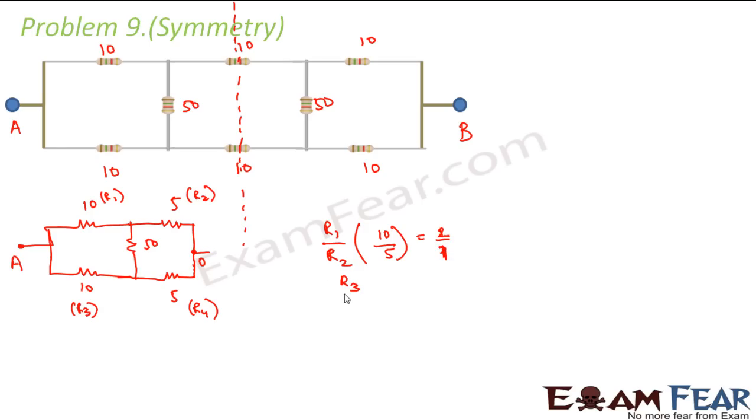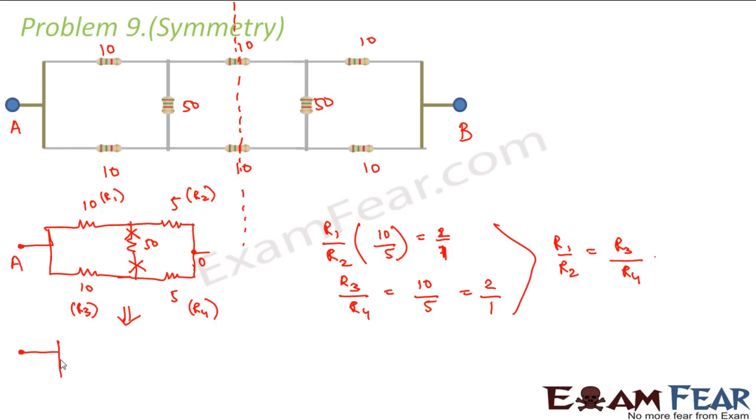R3 by R4 is again 10 by 5, which is equal to 2 by 1. That means R1 by R2 is equal to R3 by R4. So the Wheatstone bridge is balanced, and therefore no current flows through the middle resistor. So the middle resistor, that is 50 ohms, doesn't contribute anything to the equivalent resistance of this circuit.